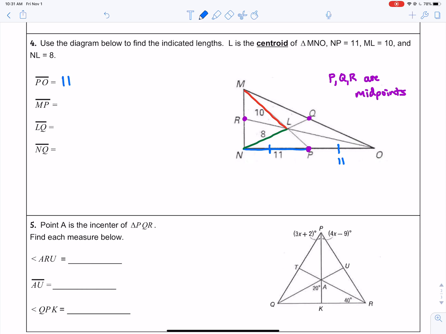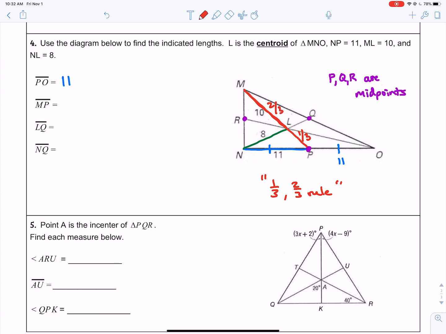MP would be the 1/3, 2/3 rule. So that's what I call it with the centroid. We have the 1/3, 2/3 rule, meaning on our median, so from M to P is a median. It's from a vertex to the midpoint of the opposite side. And LP would be 1/3 of that median, and ML is 2/3 of the median.